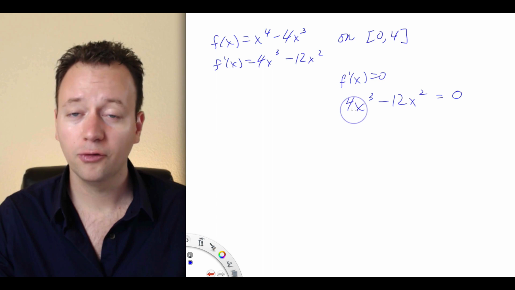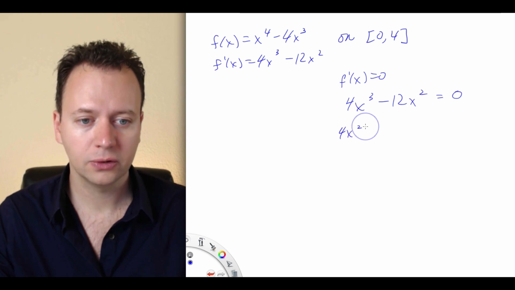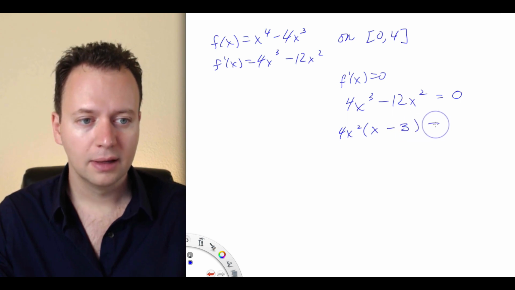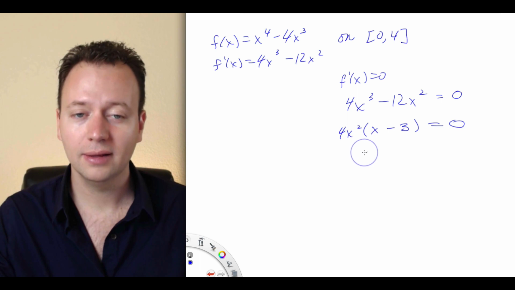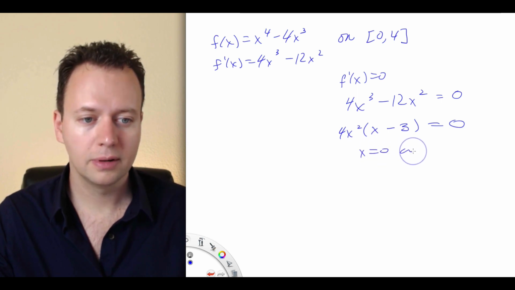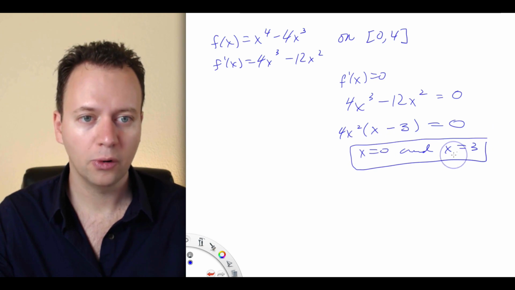So in this case, a 4 factors into both terms, and an x squared does. So let's pull out 4x squared. So it's 4x squared times x minus 3. Now this makes it much clearer. We have a critical point when x is equal to 0 and when x is equal to 3. Those are our two critical points.